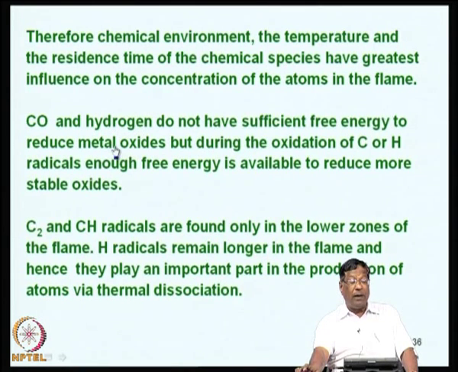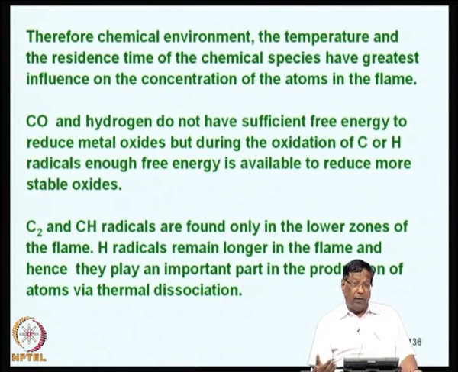And the amount of energy that is required to reduce metal oxides to metals is very high, and that much energy is not supplied by the carbon monoxide and hydrogen, etc. Therefore, during the oxidation, the free energy released is the only energy available to reduce more stable oxides.